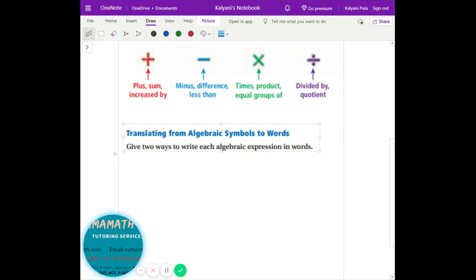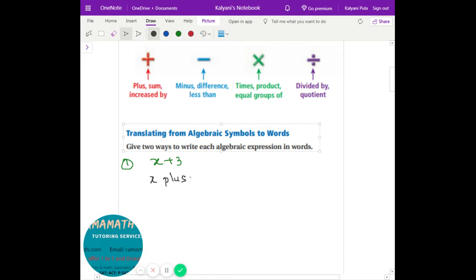Now let's learn about translating algebraic symbols to words. I'm going to put one symbol right here, and I want you to tell me in terms of words. The first one is x plus 3. Tell me in terms of words. Go ahead and tell me. X plus 3.